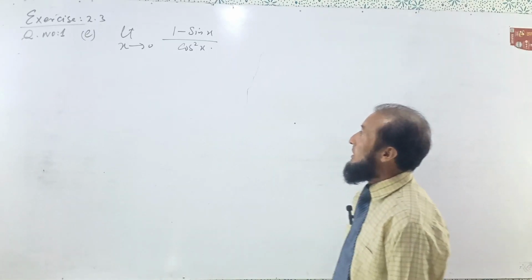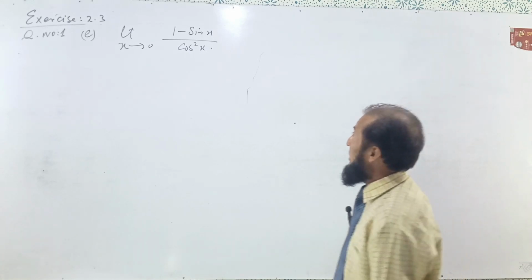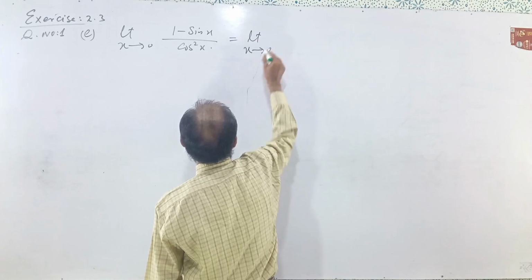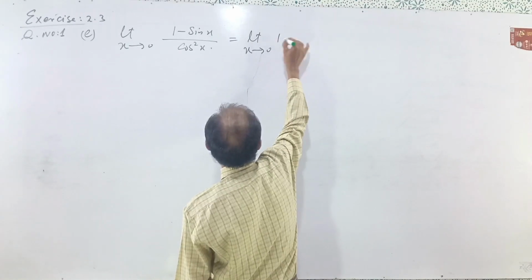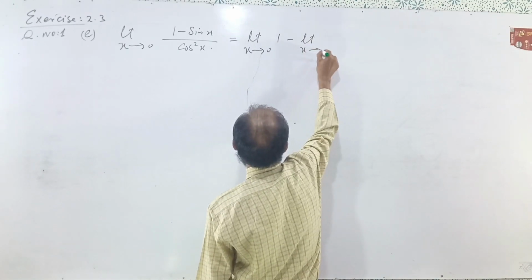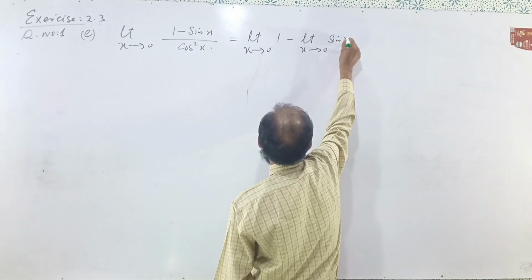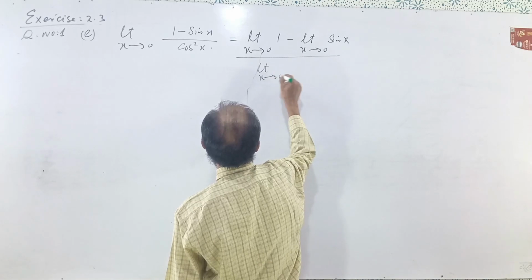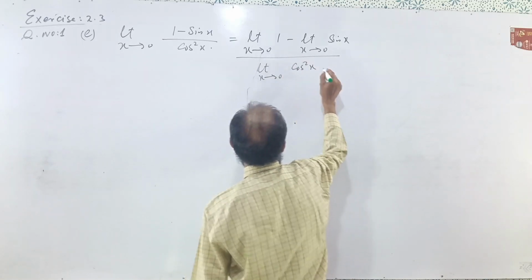Next, limit x approaches 0 of 1 minus sin x divided by cos square x. If we directly apply limit x tends to 0 according to the limit rules, we get 1 minus limit x tends to 0 sin x, divided by limit x tends to 0 cos square x.